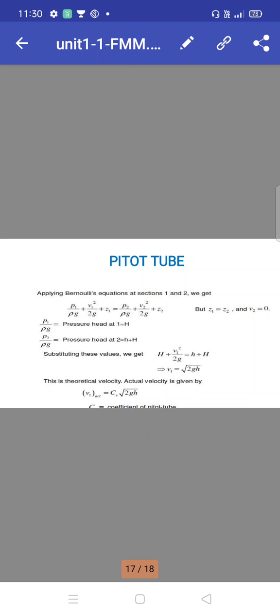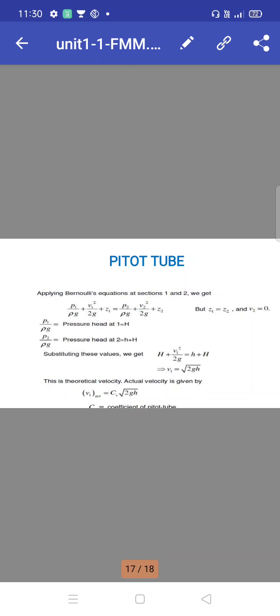Wherever we use 1 in terms, it specifies the inlet or initial portion of the fluid.